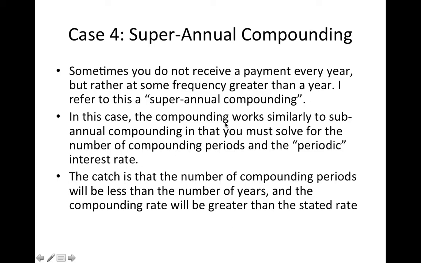Again, the compounding works very similarly to the subannual example, but you have to solve for your periods and your interest rate based on a period that's longer than a year now. Just remember that in this case, the number of compounding periods is less than the number of years, and the rate that you're going to compound at is more than the stated rate.